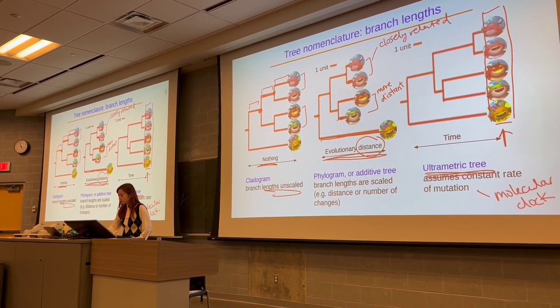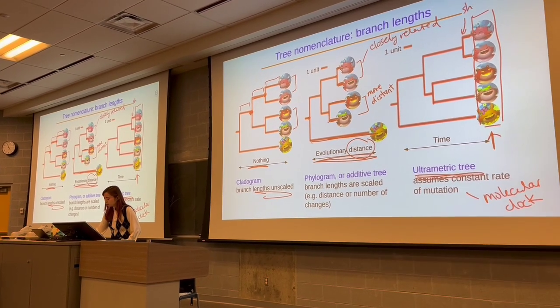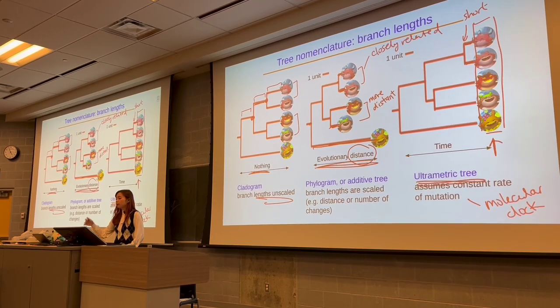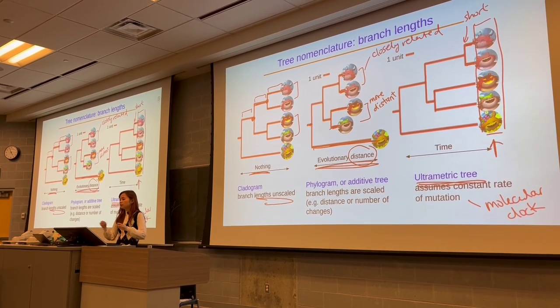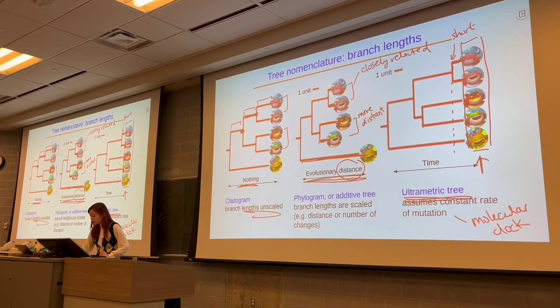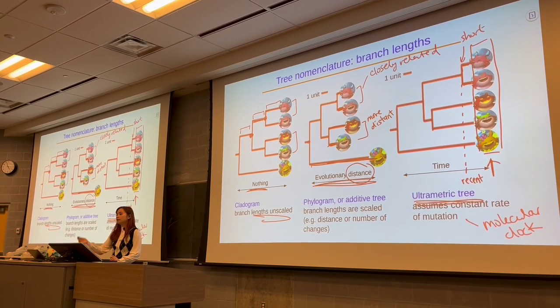And then these branch lengths are scaled again. So as you can see, short over here. This means that these two chunks are pretty closely related to each other, both in terms of their sequence divergence, and we're also going to hypothesize that that has to do with time. So they recently diverged, right?